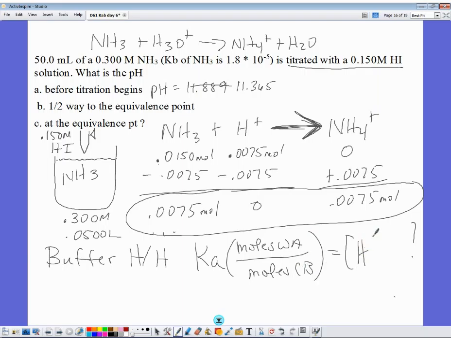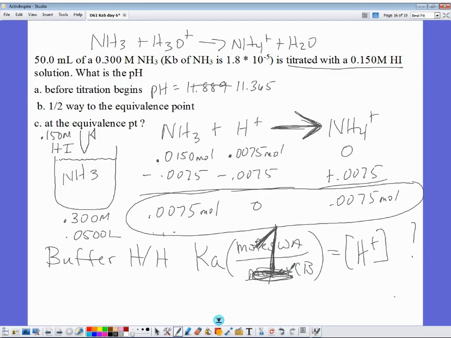And if I have a perfect buffer, it means this value is 1, because 0.0075 divided by 0.0075 is a ratio of 1. That's what it means to have a perfect buffer. It means that value is 1. Thus, Ka equals H plus.